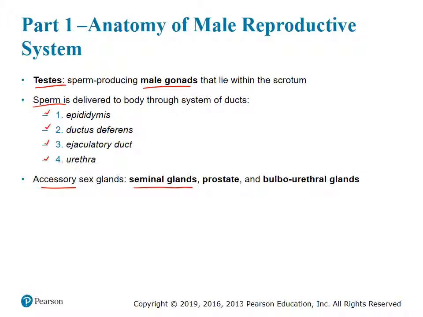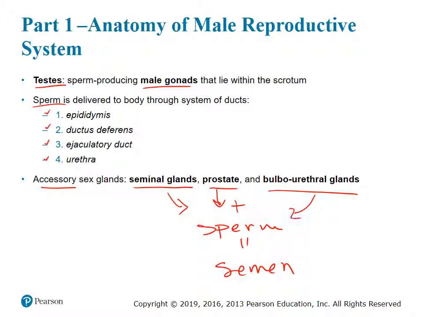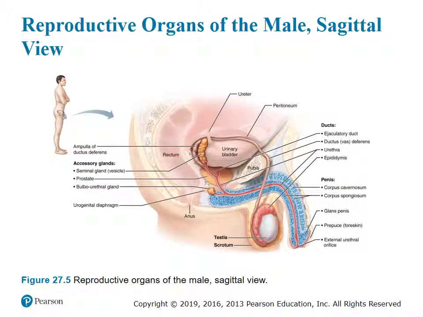We talk about the seminal glands, the prostate, and the bulbourethral glands as accessory sex glands, and those plus sperm are going to equal basically semen, right? So whatever these secrete, the secretions that they add to sperm, is going to equal semen, and we'll take a look at that. We've got a part of this PowerPoint that discusses that as well.